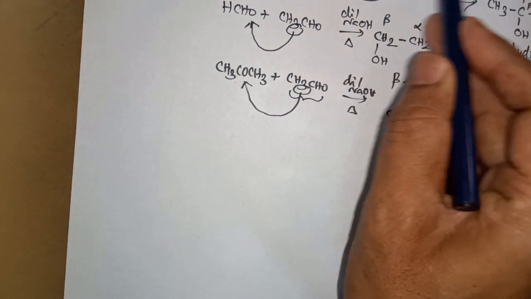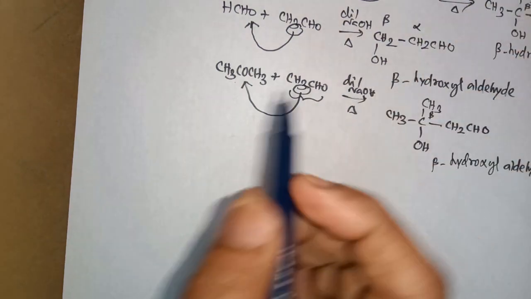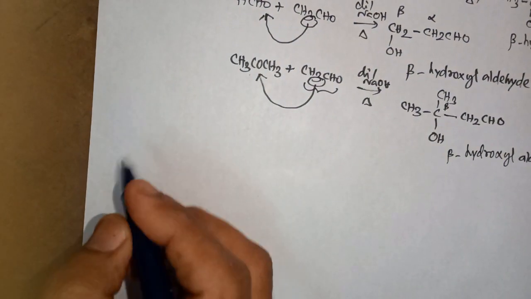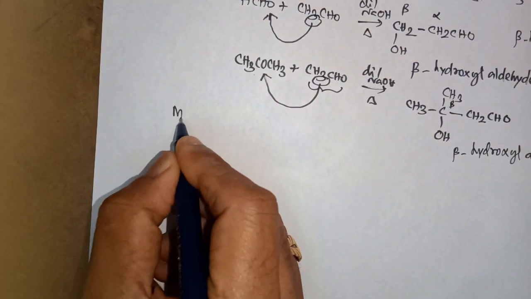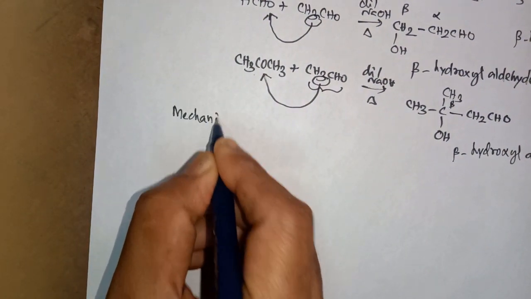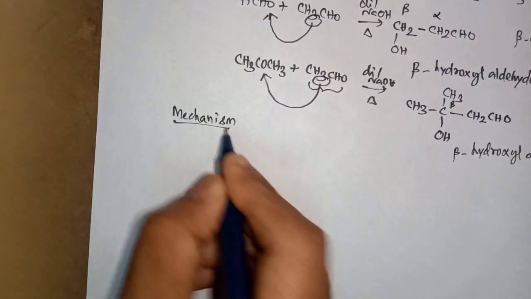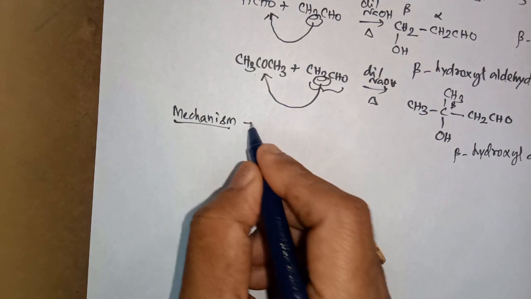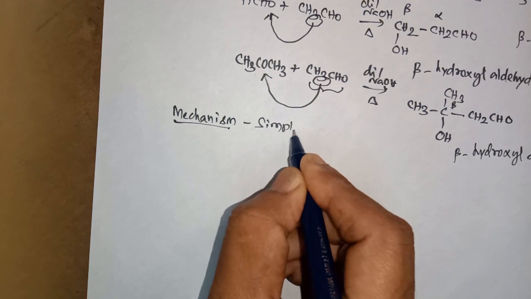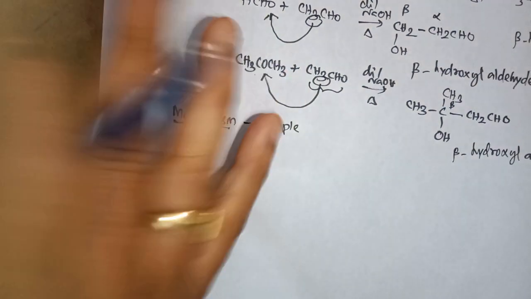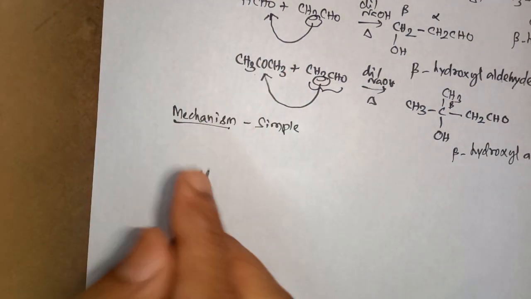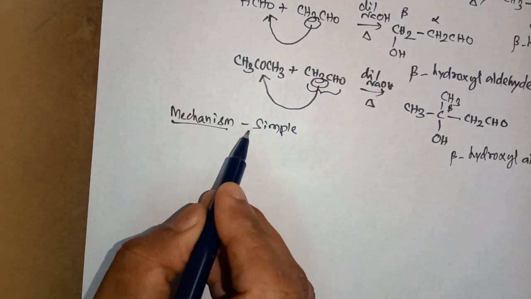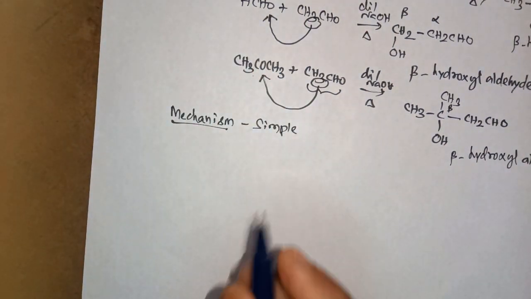Here dilute sodium hydroxide makes it a base catalyzed chemical reaction. Now I see the mechanism of the simple one. First I write the simple aldol condensation with a mechanism.